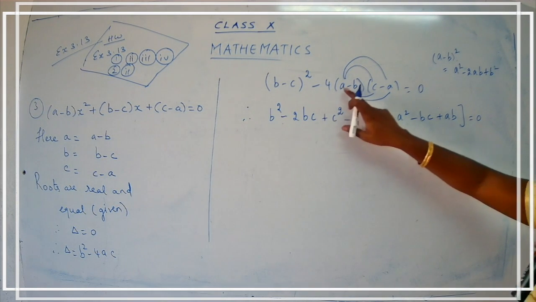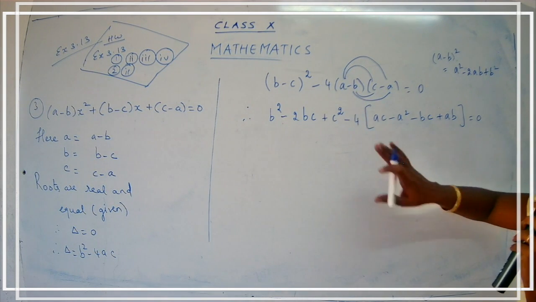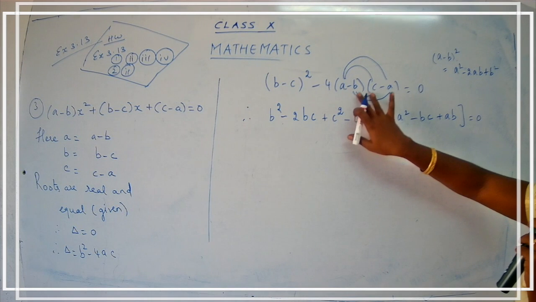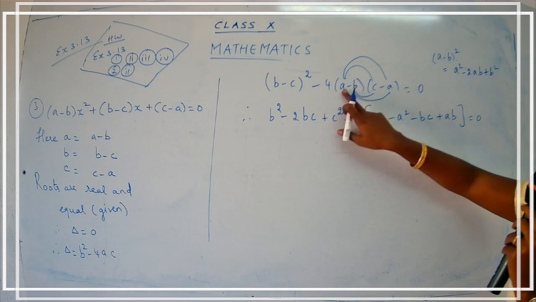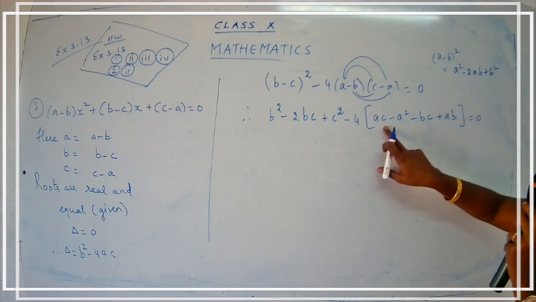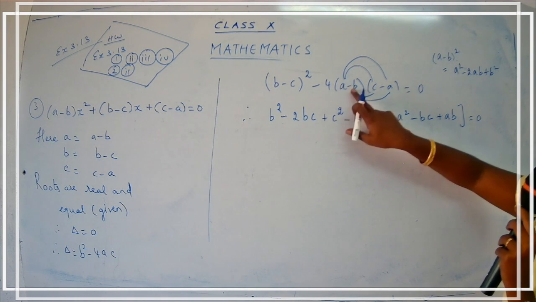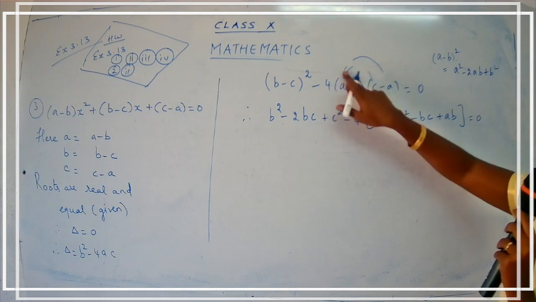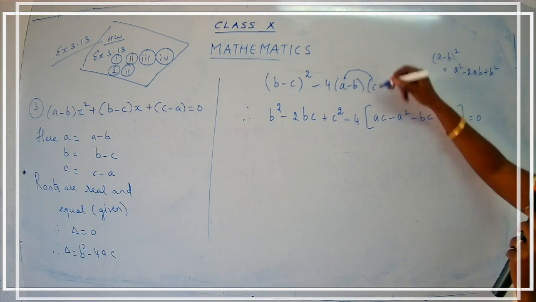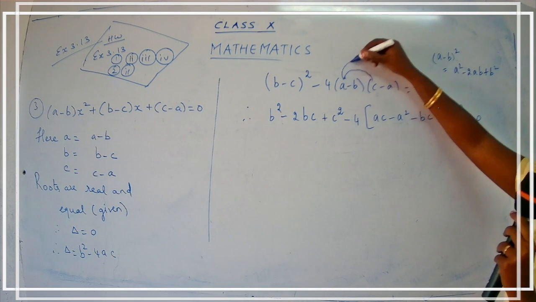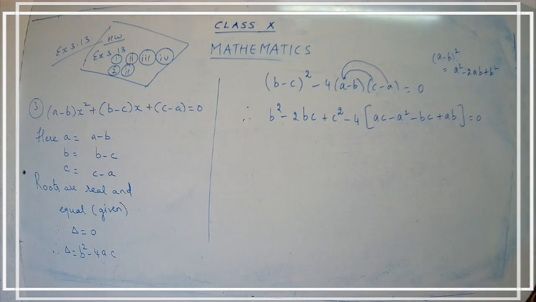Now listen. I am keeping 4 as it is and I am going to multiply the second and the third part. So a into c, ac, a into minus a, one negative sign is coming.